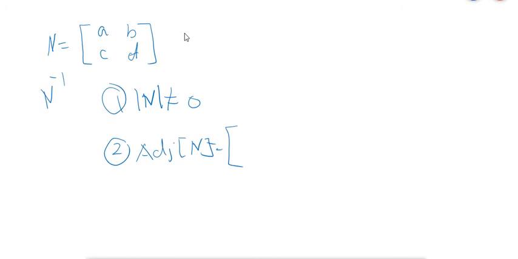That means we will interchange the place of the diagonal elements, so this will be d and a, and change the sign of the elements which do not belong to the diagonal. So this will be minus b and minus c.